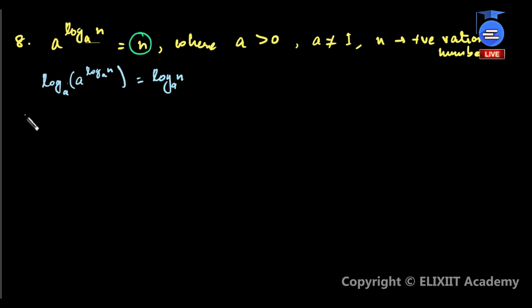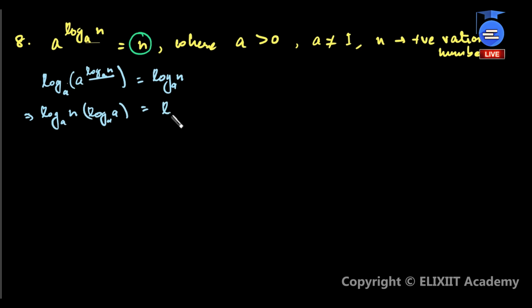By the previous properties of log, the power comes down. So a to the power log n base a comes down, and this becomes log n base a into log a base a.